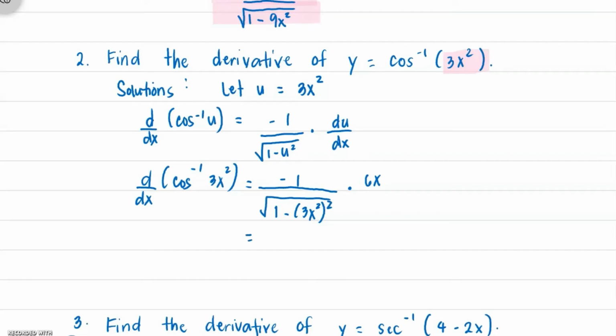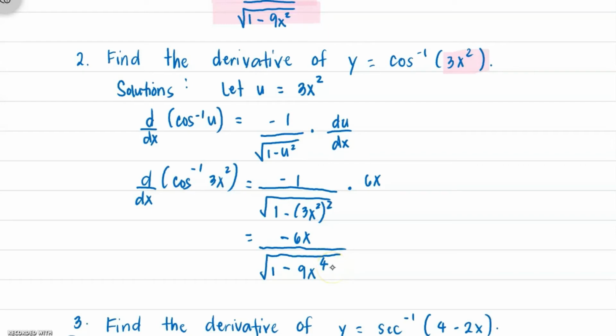Now let's multiply negative 1 times 6x. So we have here negative 6x over the square root of 1 minus 3x squared squared is 9x raised to 4.